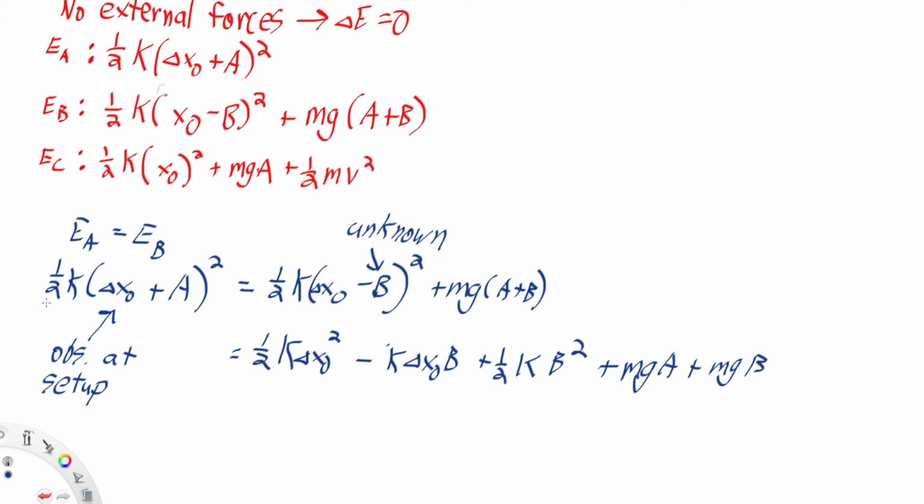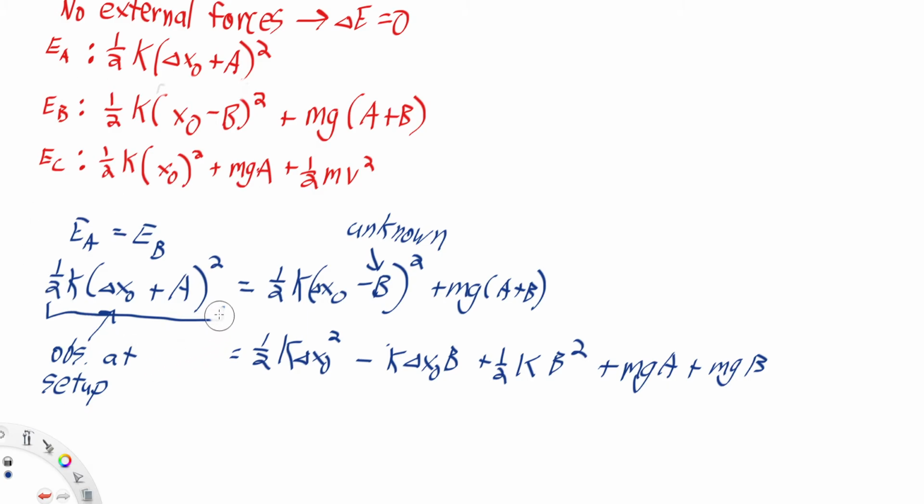This term on the left here, by the way, I'm just going to call this E, since that actually represents the total amount of energy in our system. Actually, no, let's not do that yet.